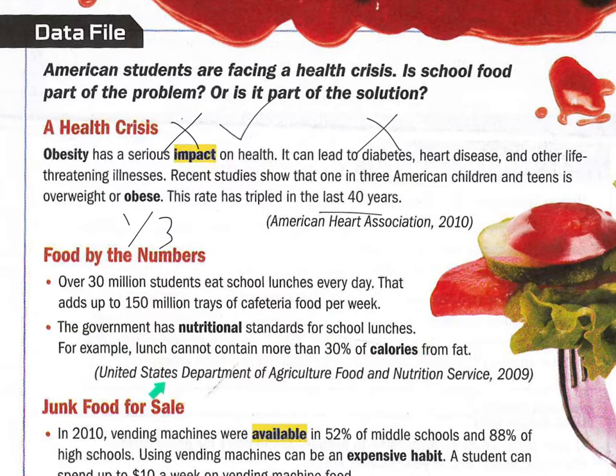For example, lunch cannot contain more than 30% of calories from fat. And again, this is a respected source. This is the United States Department of Agriculture, Food and Nutrition Science, 2009.